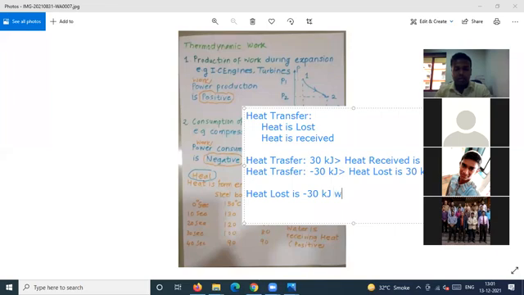It's a wrong statement, because you already wrote that it is lost, so it is understood that this term is minus. No need to write minus again. If you mention heat lost, you should say heat lost is 30 kilojoule. Is that clear?